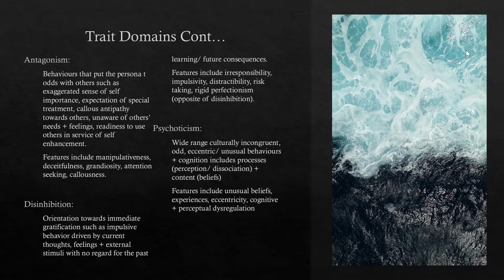These clinical features include manipulativeness, deceitfulness, grandiosity, attention-seeking behavior, and carelessness. Disinhibition is the orientation towards immediate gratification. Psychoticism refers to culturally incongruent or odd, eccentric, or unusual behaviors and cognition, as well as their content.